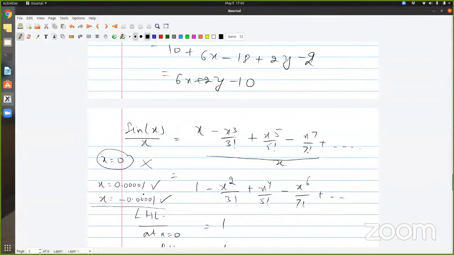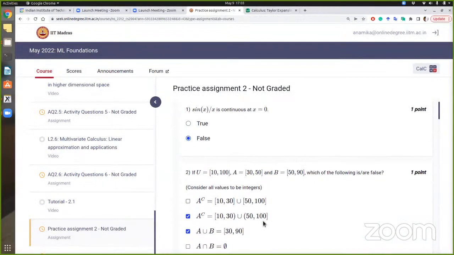So exactly at x is equal to 0, it is not defined because there is division by 0. But if you move away from x equal to 0, you should be fine. You will get this value, and if you find the linear approximation, you will get this, which is what you're telling me as well. Correct?